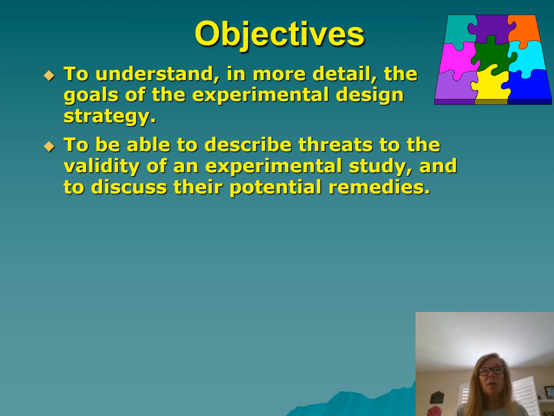Well, when you talk about the experimental strategy, it's important to understand that a different sort of validity, which is kind of the opposite of external, is going to come into play, and that is internal validity. You don't know what that is yet, but you will. And once you know what it is, you'll understand what things can happen in a study that weaken that internal validity and how you can remedy that.